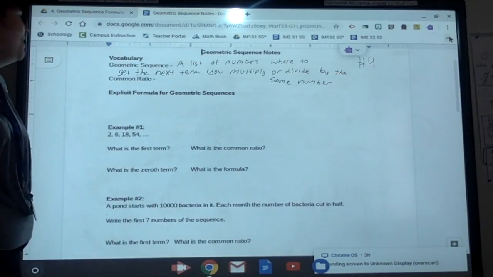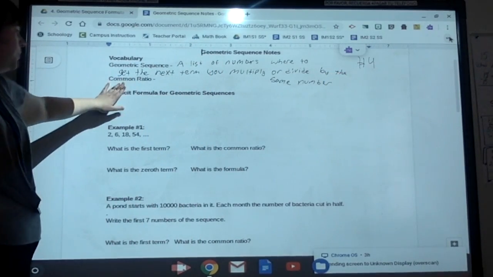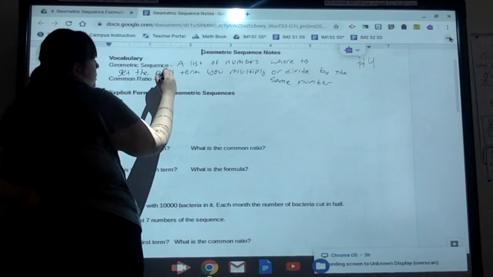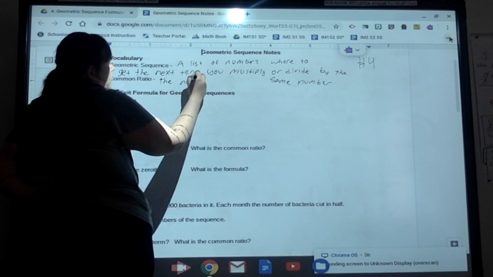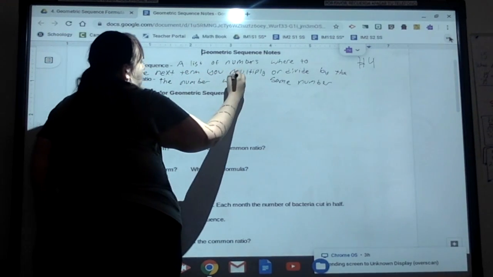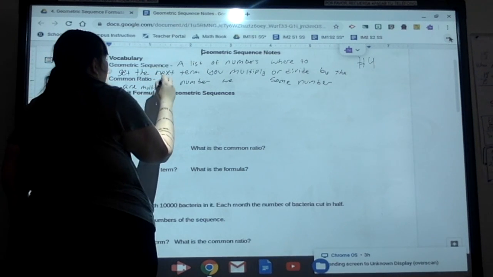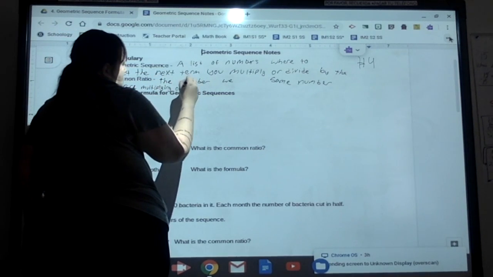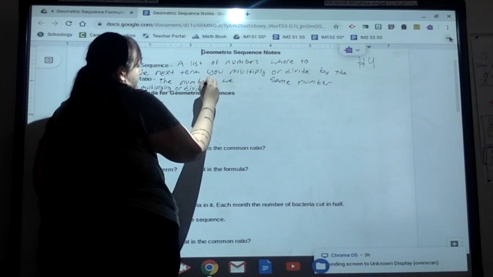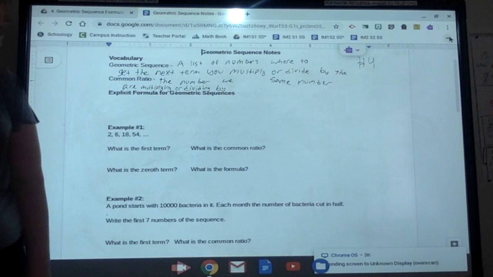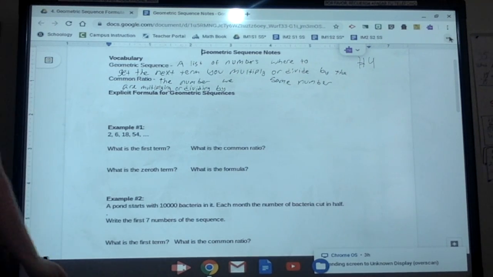And the common ratio, if you remember, was the word we used for that number we're multiplying or dividing by. So the explicit formula to figure out any term number looks like this.